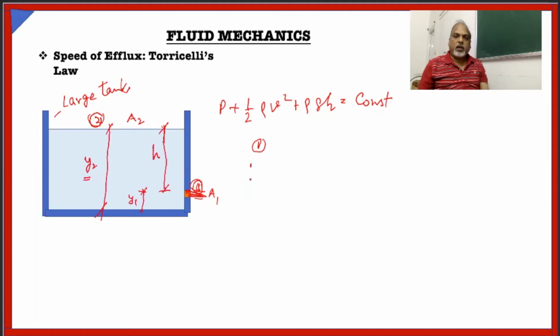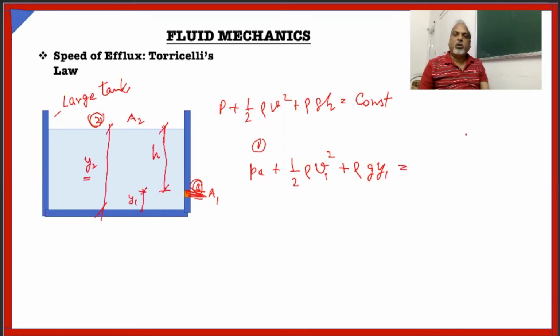So it will be PA plus half rho, where rho is the density of the liquid, and suppose V1 is the velocity, this is what we have to find out, plus rho g, and if we take the bottom as a reference line, then rho g Y1 will be this thing.